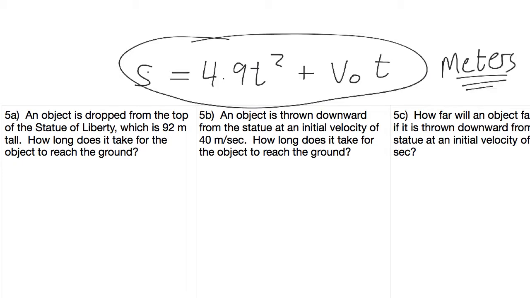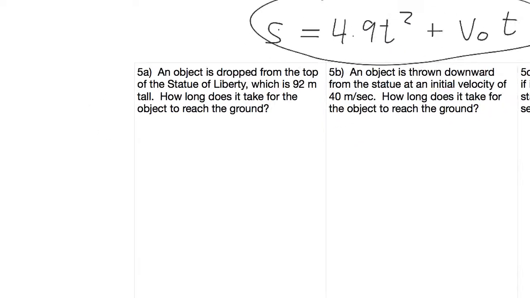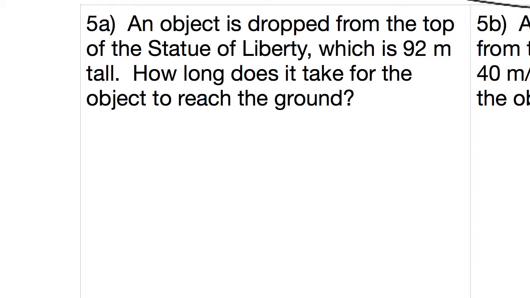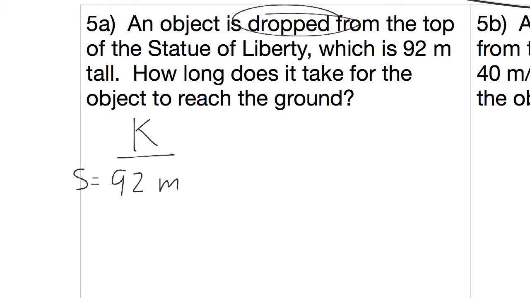The units on the 4.9 are related to meters, and the units on the other one are related to feet. So anytime you're doing something related to meters, like in this one, where one of the knowns is 92 meters, you use this equation with the 4.9. I'll tell you why in class if you like. The knowns are, of course, S is equal to 92 meters, and the object is being dropped from the top of the Statue of Liberty.